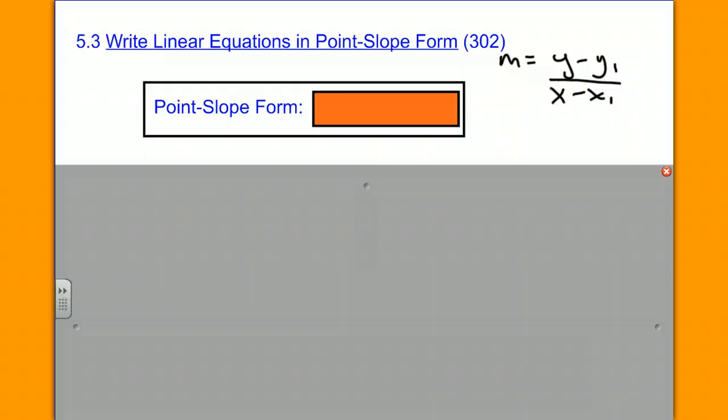And then the other thing that looks a little different is we move things around a little bit with point slope form. And so how could we move things around? If I wanted to get rid of this denominator here, what could I do? That's right, multiply by it. So I could multiply both sides by that denominator.